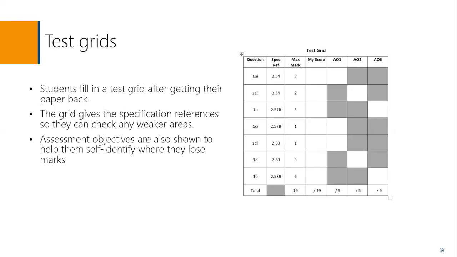And then it goes all the way through, so it gives the maximum mark for the whole question and also for each of the separate assessment objectives, so students can see which areas of the content they find more difficult, and also which type of assessment objective they're finding more difficult.